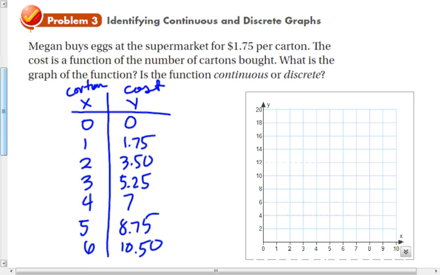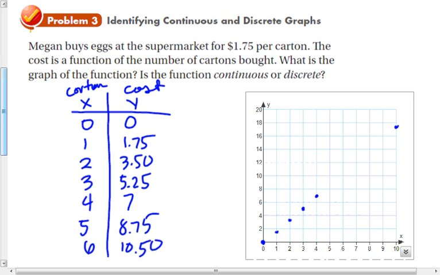And then if we're going to graph that, we're going to have 0, 0. We're going to have 1, 175, 2, 350, 3, 525, 4, 700, and so on. I'm going to use the idea of linear. 10 cartons would cost $17.50.